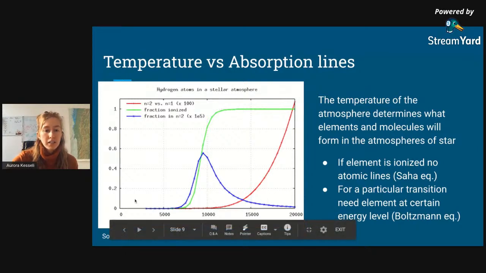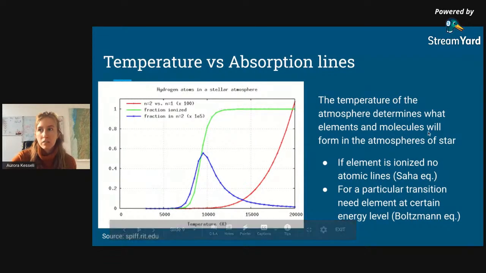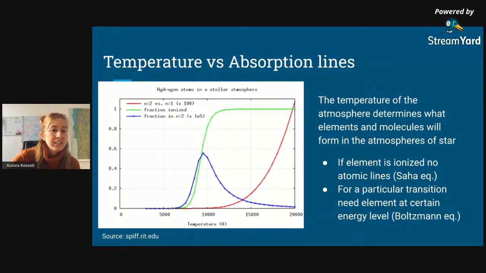And so here's a nice plot showing the temperature on the x-axis and the fraction of hydrogen atoms that are in a certain state on the y-axis. Here we have the n equals 2 versus n equals 1 state.